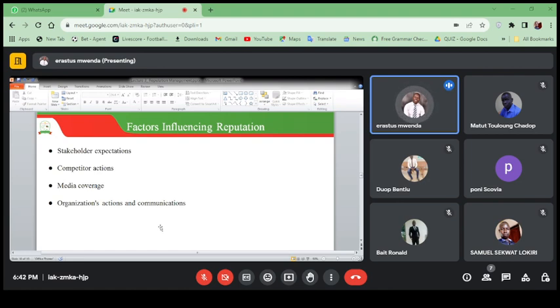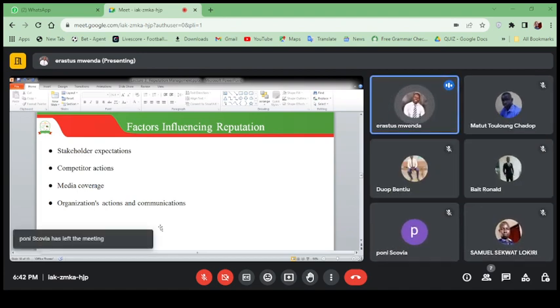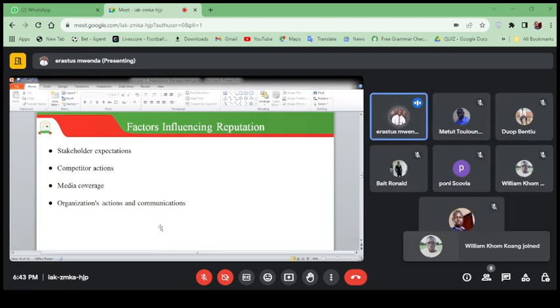Anytime you're also launching something new, you need to invite the press to come and cover the event. Once they do that, that would be part of the news items for that particular day. So media coverage is really key in terms of influencing the reputation of an organization, and also an organization's actions and communications in terms of the services that you are offering, and the actions you are doing for the community.